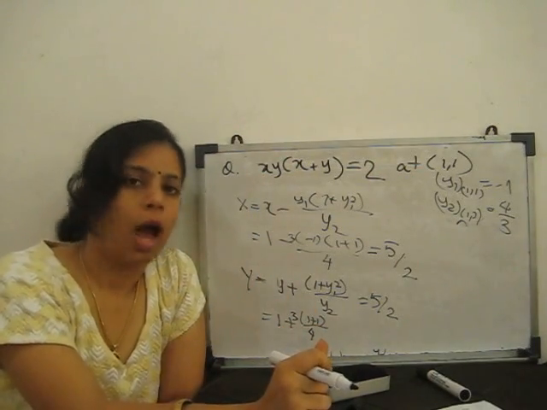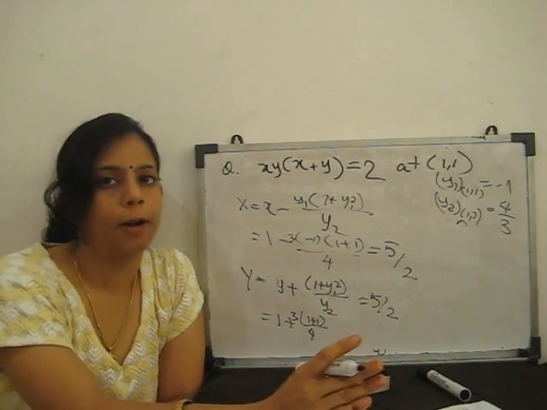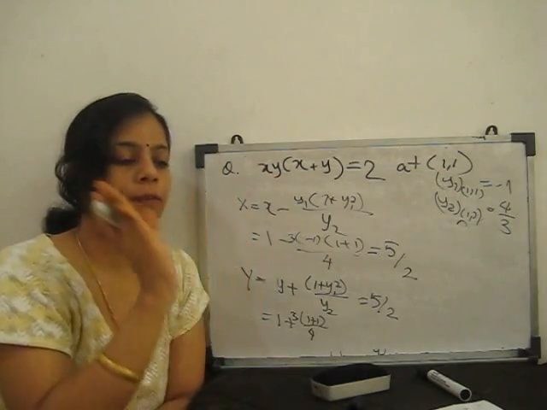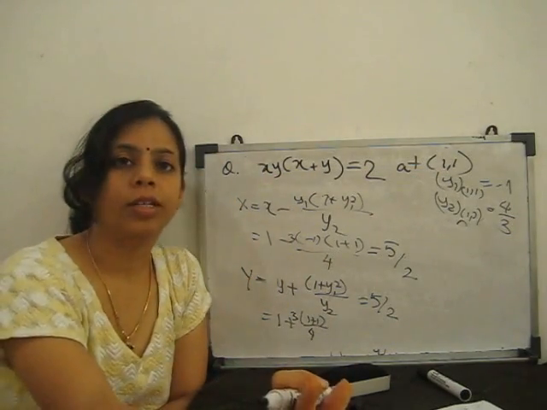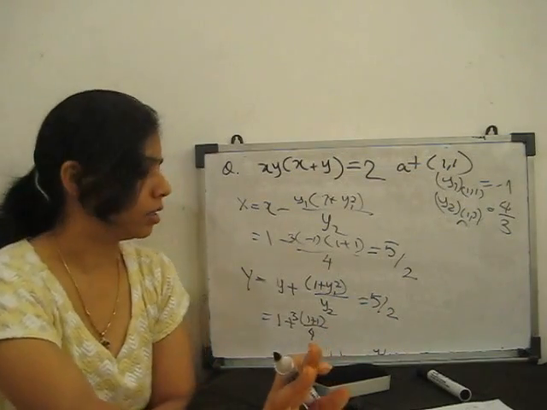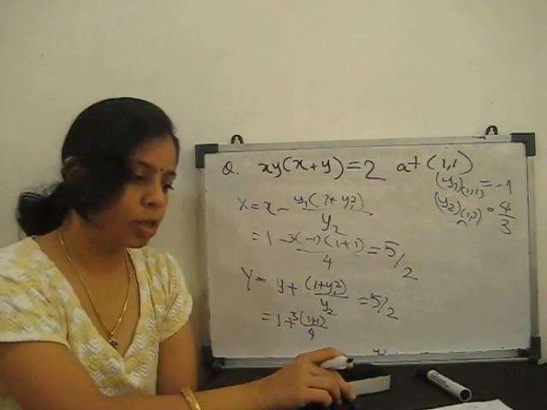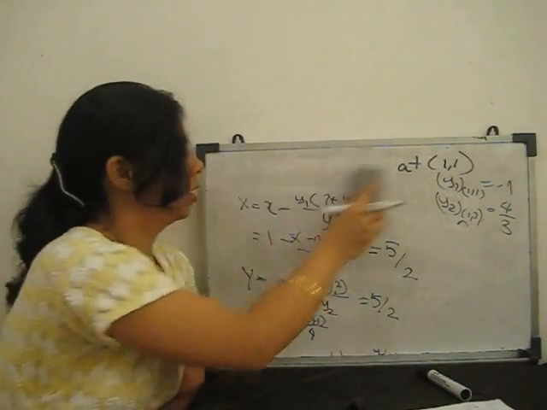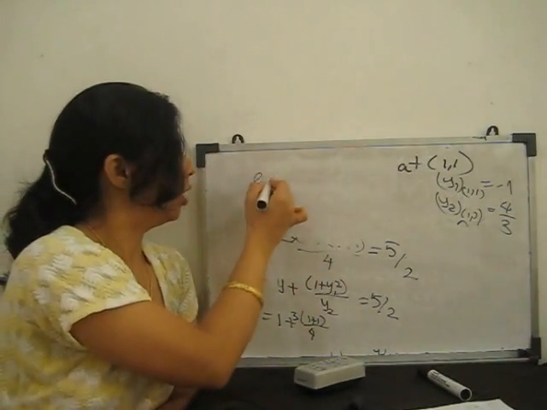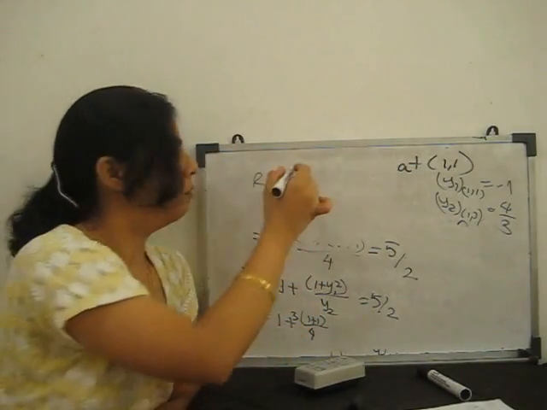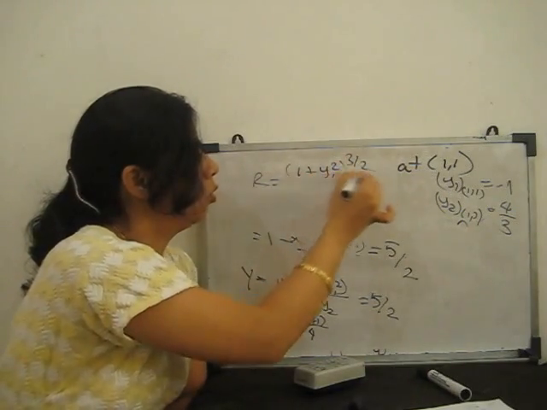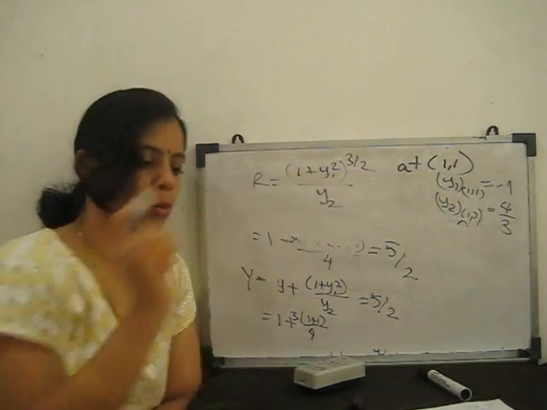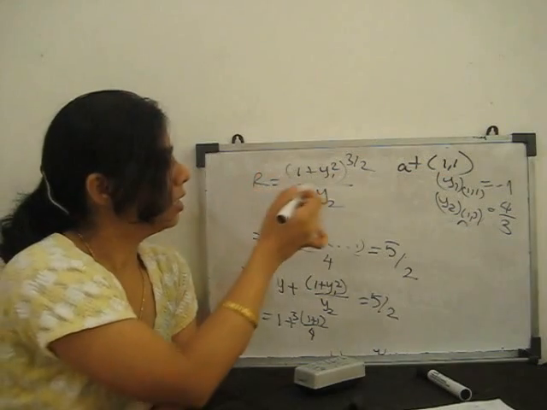Now we have to find out our equation of the circle. For the circle, first we have to calculate R, the radius of curvature. So radius of curvature R is equal to (1 plus y1 square) to the power 3 by 2 upon y2. Clear? So y1 is 1.